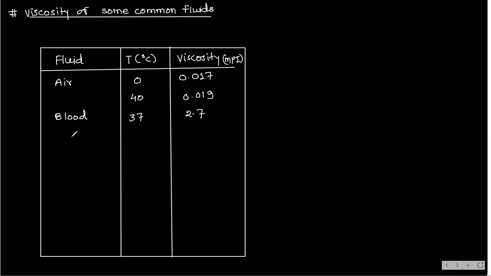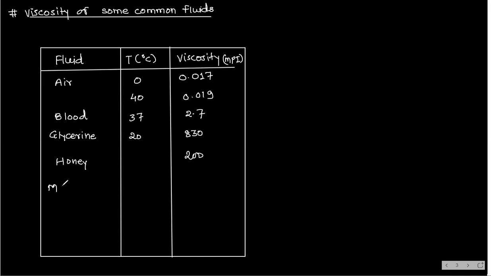And next one is glycerine, at 20 degrees Celsius, it is 830. Next one is honey. At the temperature naturally available in nature, it is 200 millipoise.